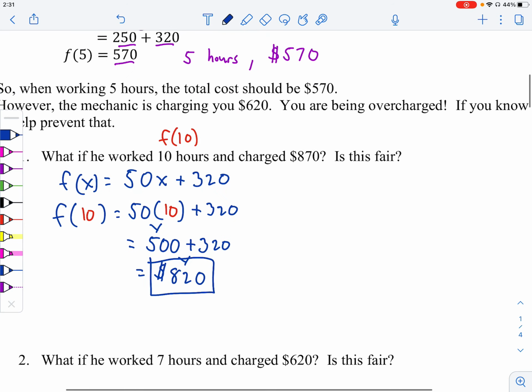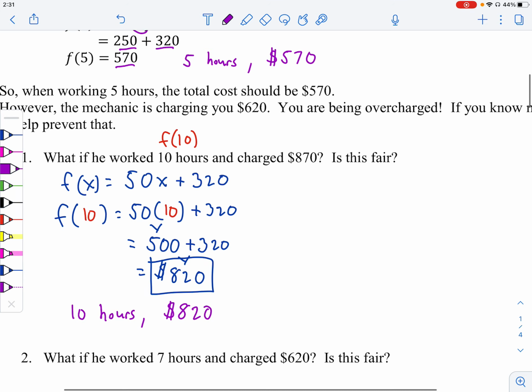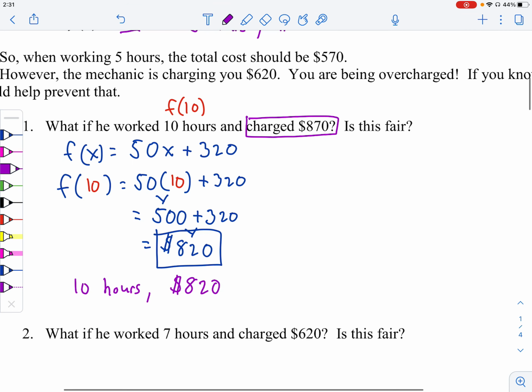So 10 hours should cost $820, but we look at what's charged. We were charged $870. Is this fair? It should cost $820, but he charged us $870.